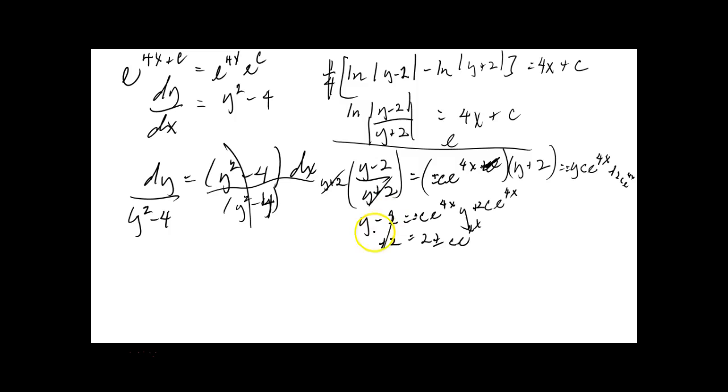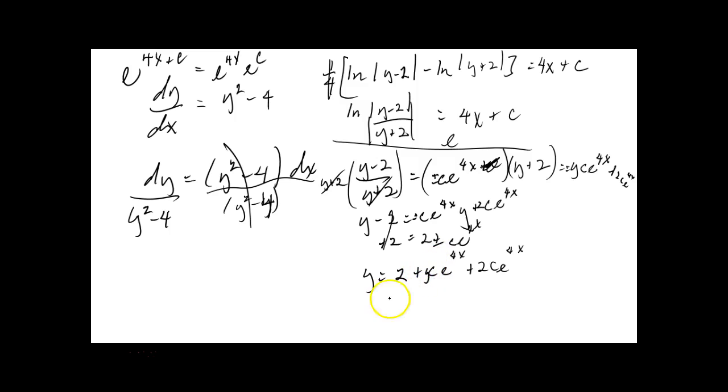All right. So what we have is y is equal to 2 plus ce to the 4x plus 2ce to the 4. Wait. This one has a y in it.